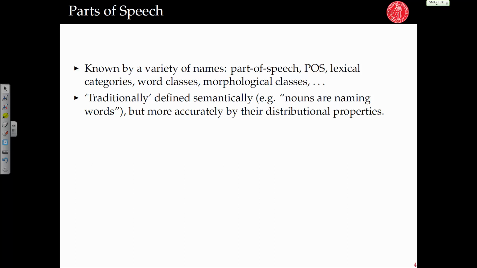So for example, nouns tend to follow determiners. So this is a syntactic property of nouns. So there's a distributional property of nouns that says usually you will see nouns following a determiner like the. But also sometimes there will be an adjective between, so the boy, the nice boy, for example. So there is an adjective here.